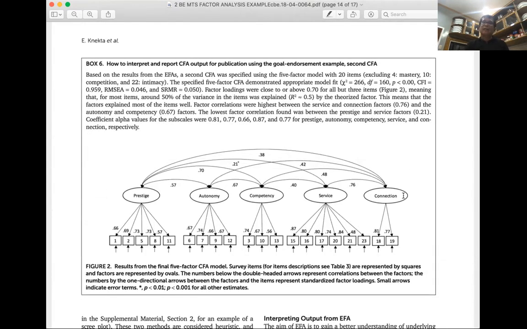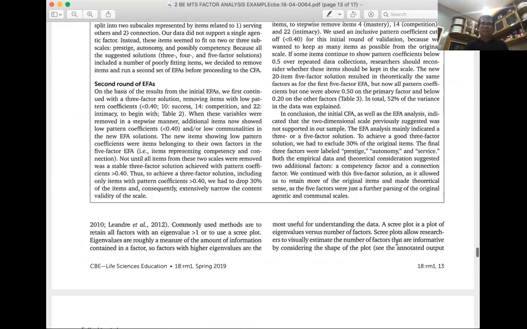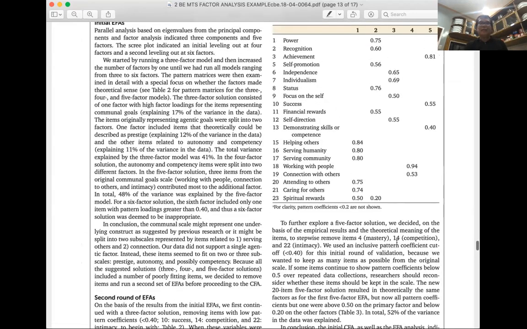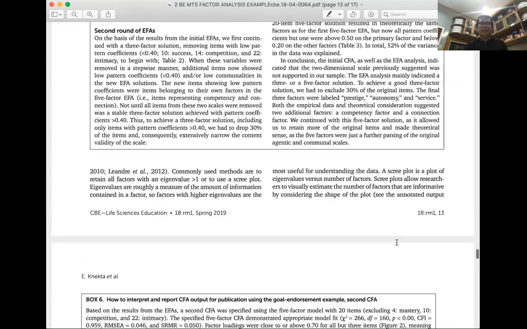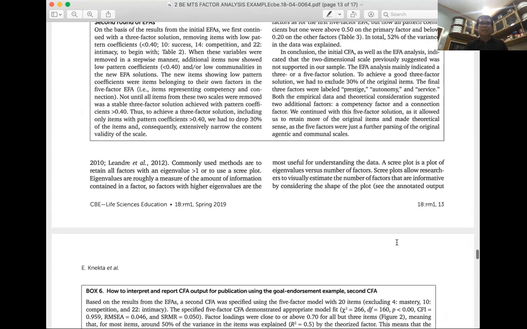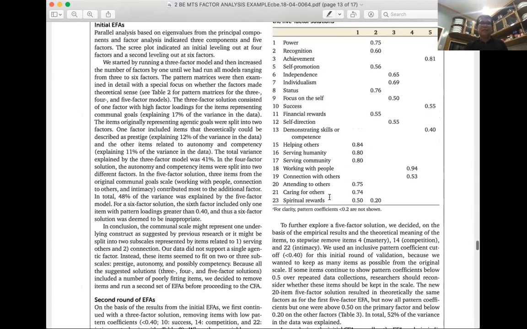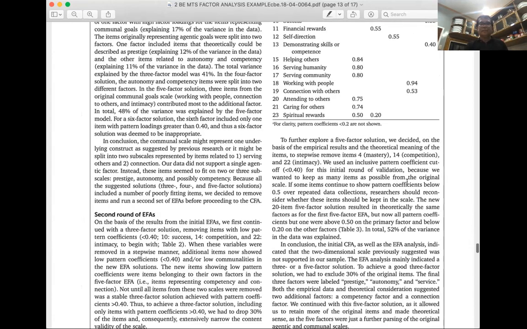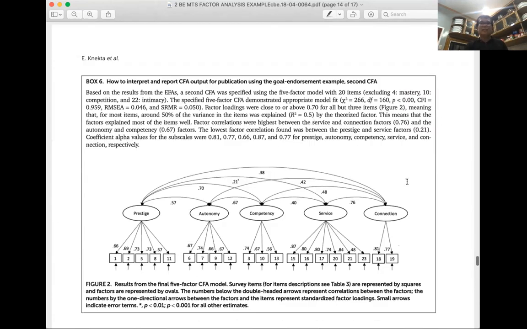And the last name of the factor, connection. It is composed of item 18 and item 19. So look at the factor loadings, 0.94 for 18. It's working with people and then connecting with others, 0.53. And that's actually connection. It's the right term, no?